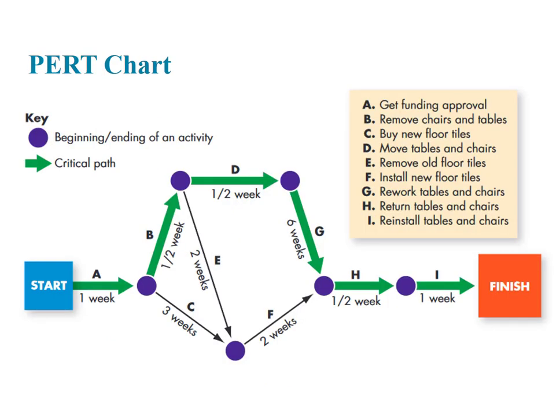In our PERT chart here, you can see how it shows the critical paths, how much time it takes, and so we can see what our best choices are and our most critical path, our least critical path, just based on this finished product of the PERT chart. And this one here specifically is a chart for renovating a classroom.